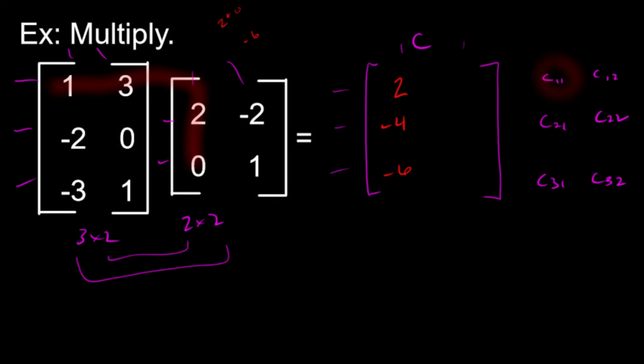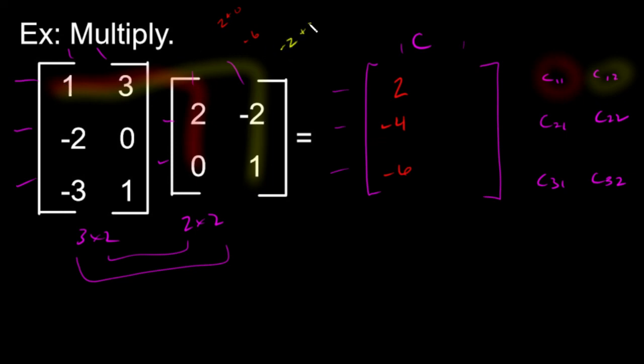Then 1, 2, C12, that's row 1. Right, this is row 1, column 2 this time. 1, 2. And so you're going to get 1 and -2, that's -2 when you multiply, plus 3 times 1, which is 3, so that's a +1. Then you go 2, 2, so that's row 2, column 2. So -2 and -2 make a +4, and 0 and 1 make 0, so this is just +4.